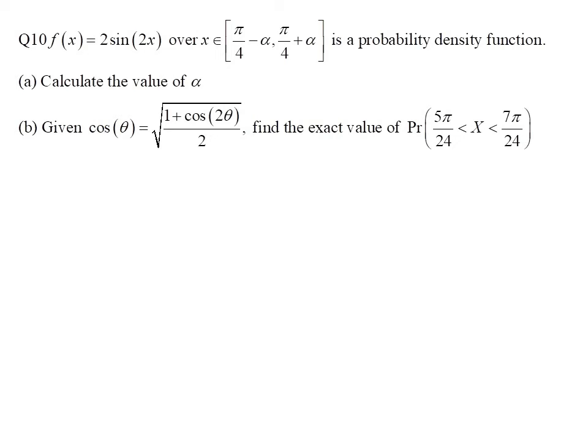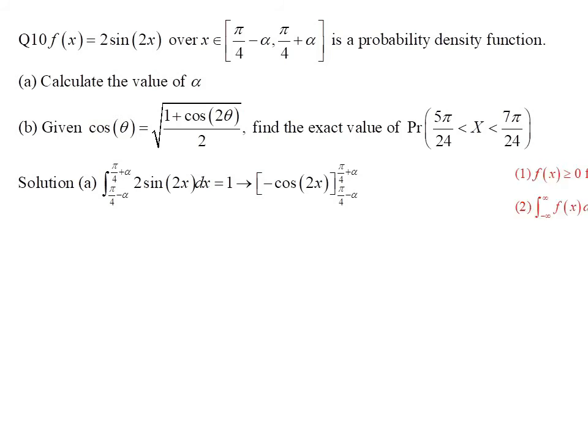Here we simply call the probability density function PDF. In order to calculate alpha in question A, we need to use the properties of PDF. We recall its properties that are displayed here in red. As we remember, a PDF must satisfy these two criteria. First, for any x, the value of f(x) is always greater than or equal to 0.